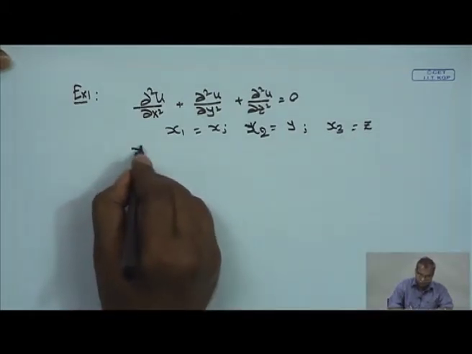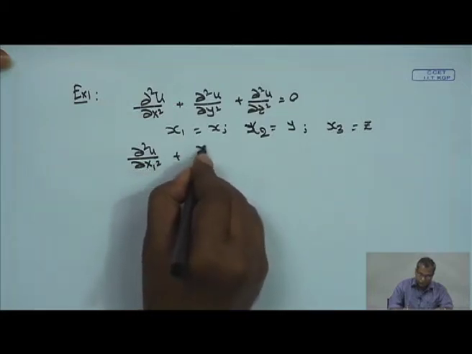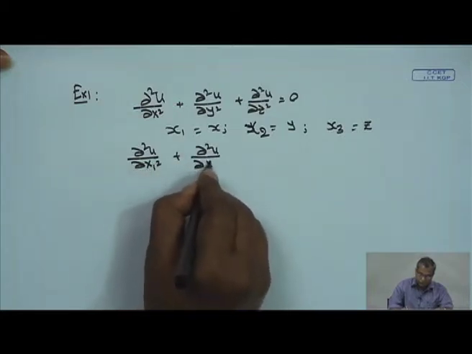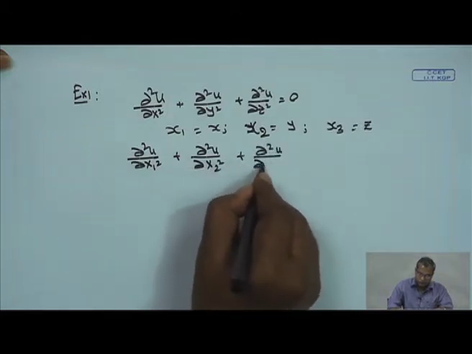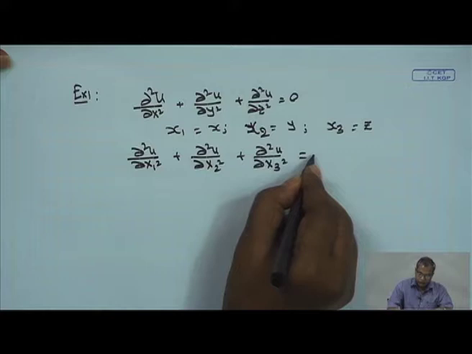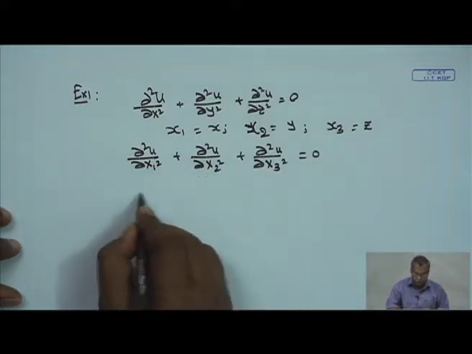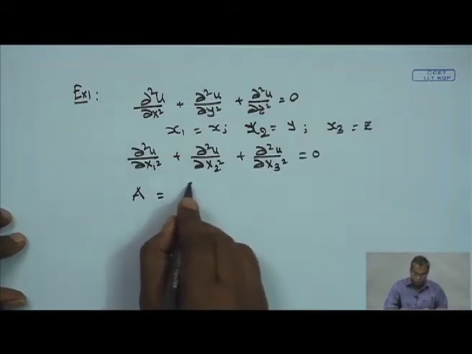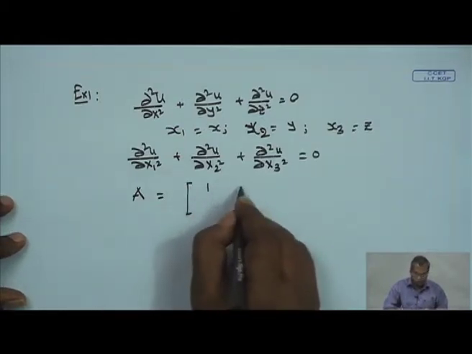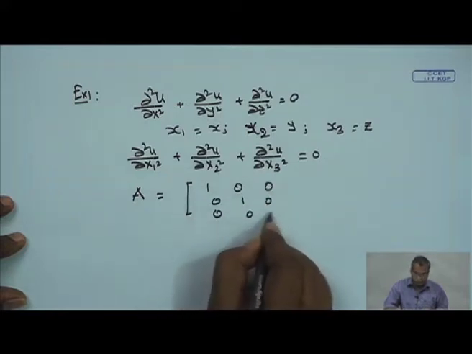So, it is basically ∂²u/∂x₁² + ∂²u/∂x₂² + ∂²u/∂x₃² = 0. So, if you now get the coefficient matrix, the coefficient matrix will be [1 0 0; 0 1 0; 0 0 1].